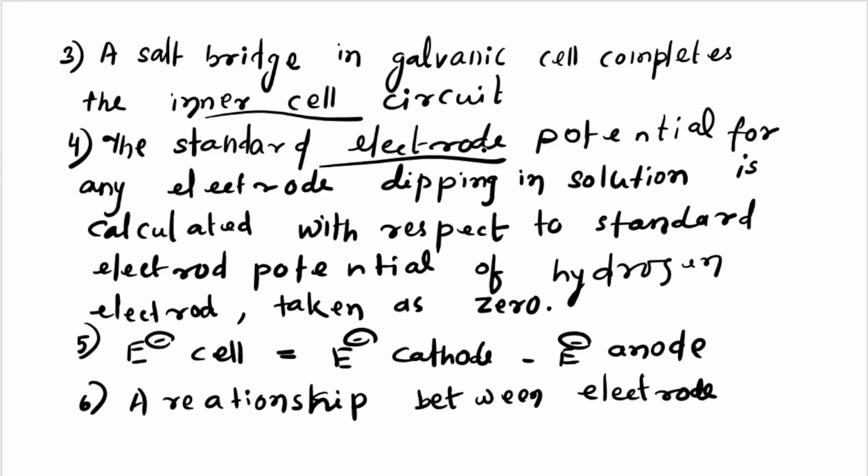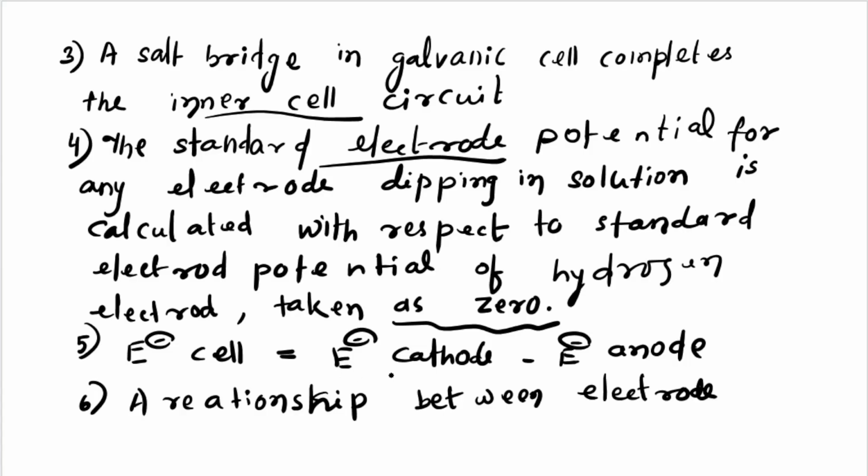That means you compare any electrode to the SHE, which is taken as 0. E0 cell equals E0 cathode minus E0 anode. I hope you remember this.